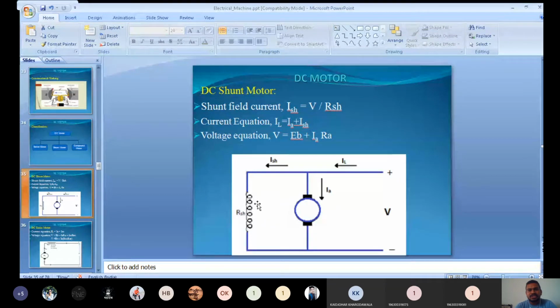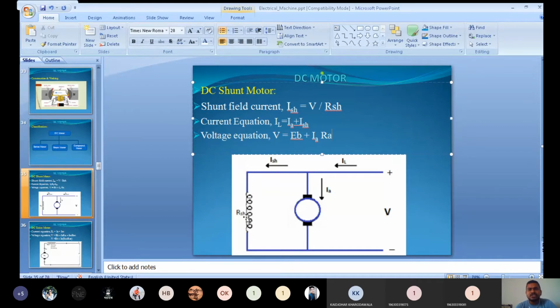So the resistance of shunt field winding is more. How can we calculate the resistance? R is equal to rho L by A. We assume rho is constant, then it depends on L and A. So number of turns are more, that means length is more, and thinner conductors, that means cross sectional area is less.